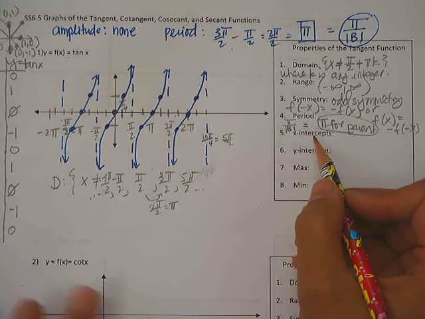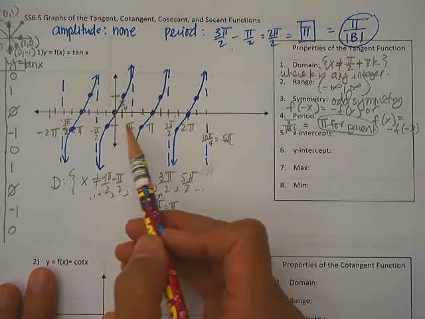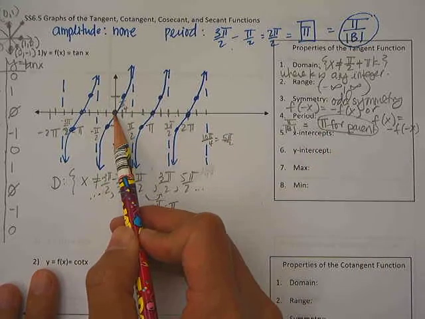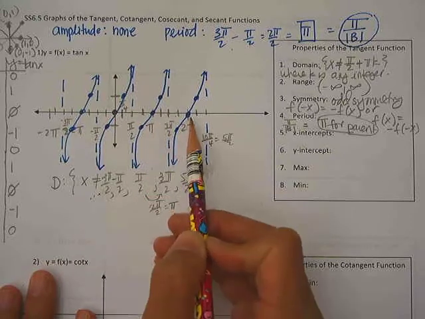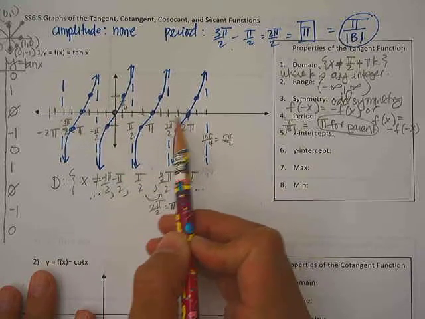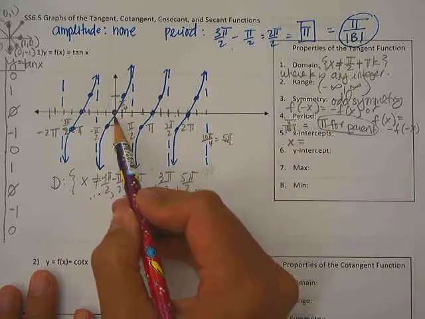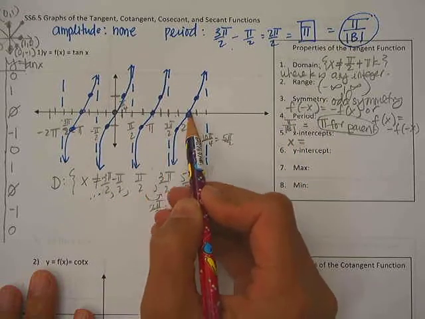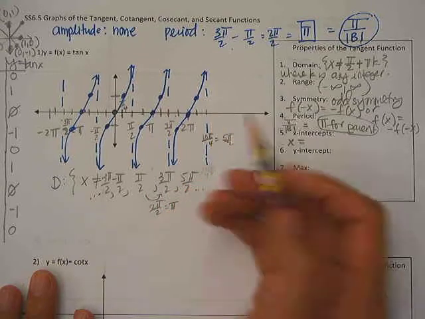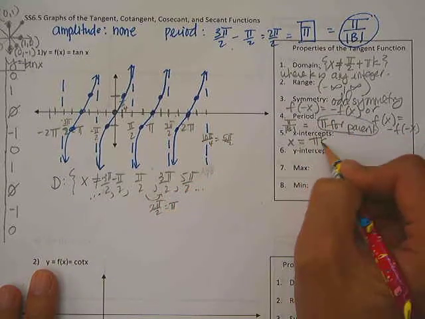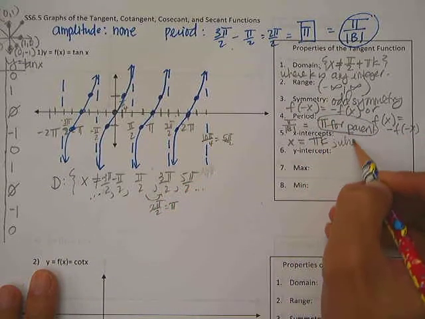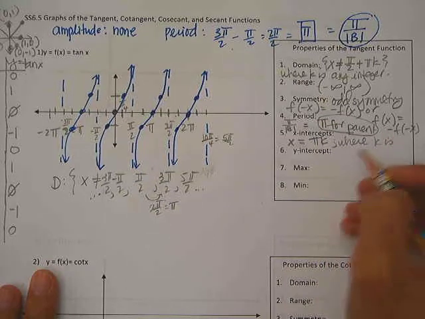X-intercepts. Now this is going to be interesting. Let's see where all the x-intercepts are. One's at 0, one is at pi, one's at 2 pi. So if I would have to guess the x-intercepts, I would have to add a pi k every time, right? So pi k, where k is any integer.